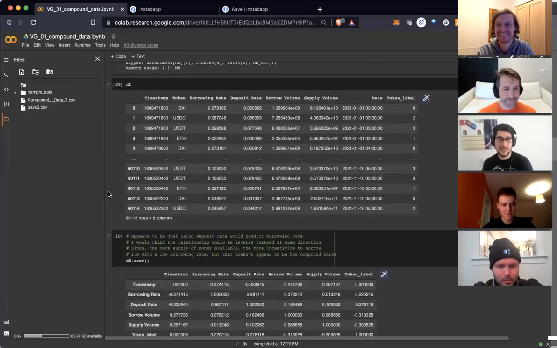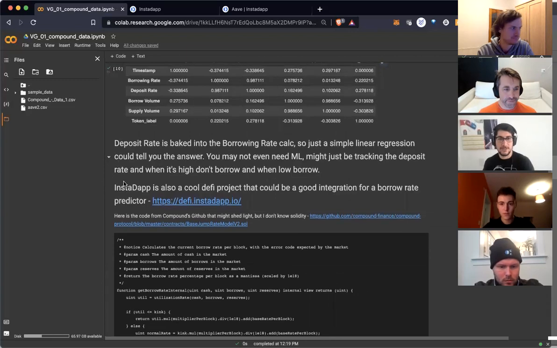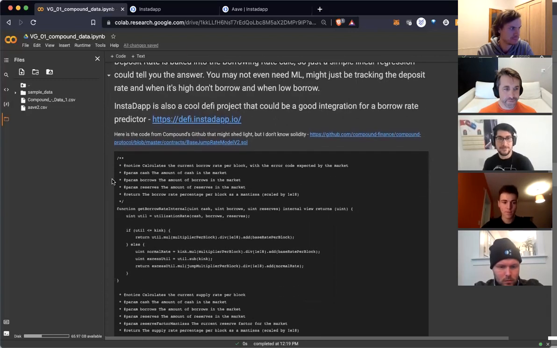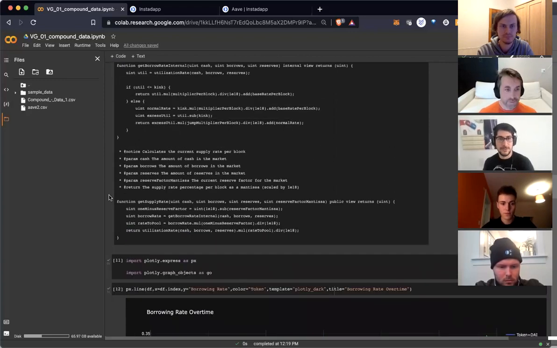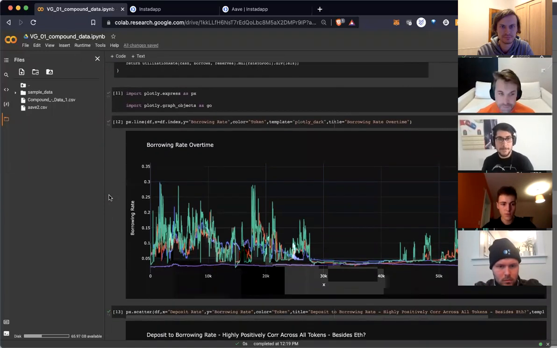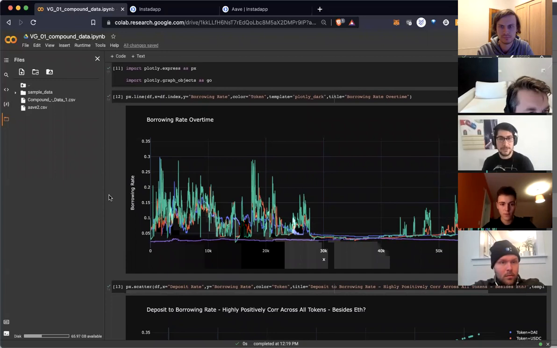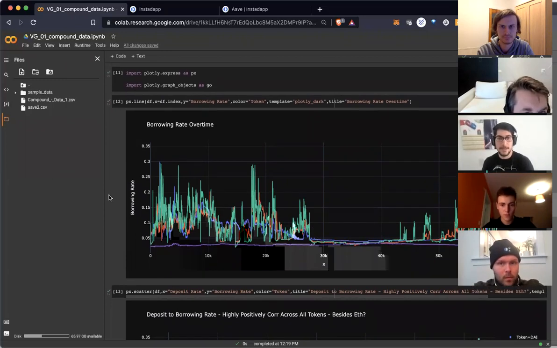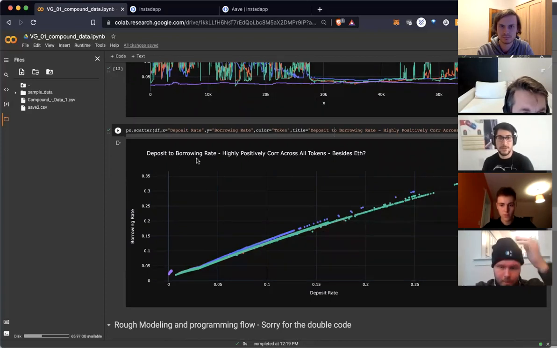So then we go into how it's baked in. That's the contract, if anyone wants to read some Solidity. Just looking at borrow rate over time again, it's illustrating the 99% correlation between deposit and borrowing rate.